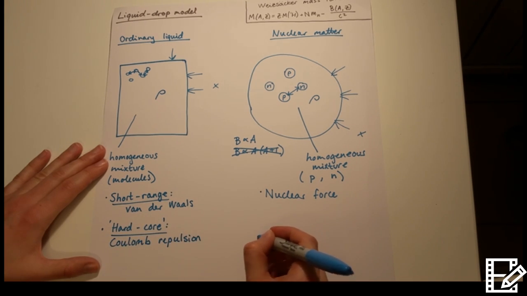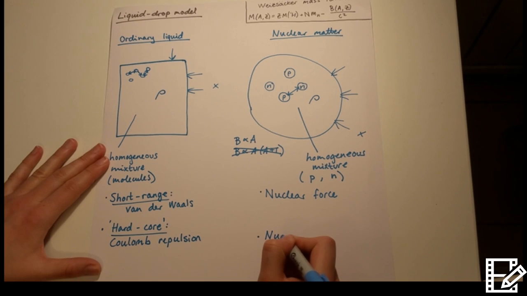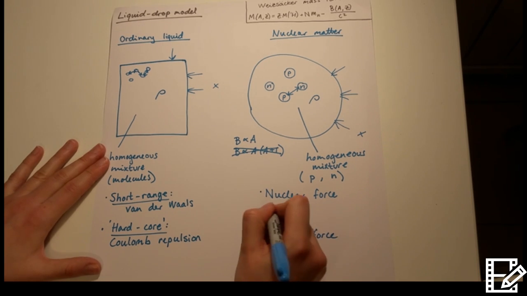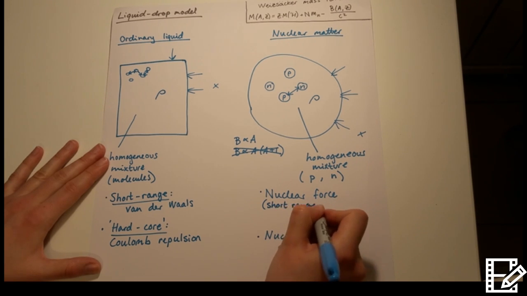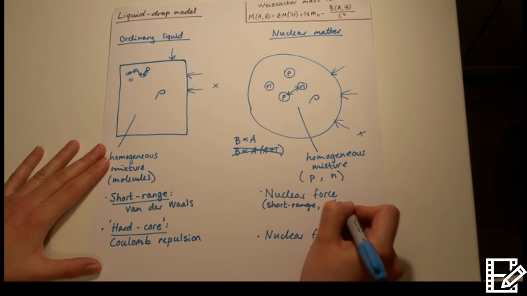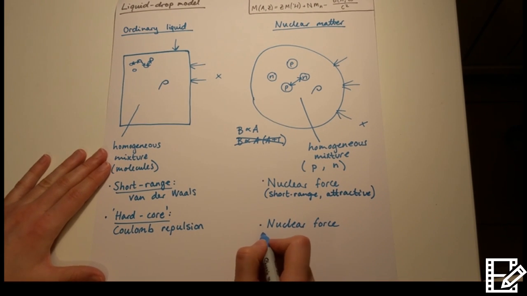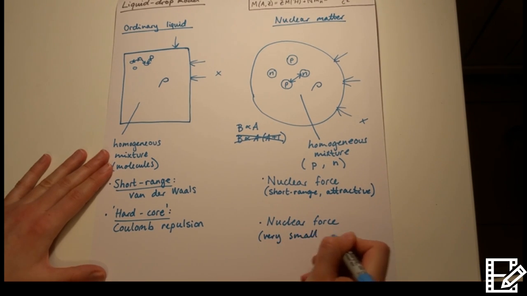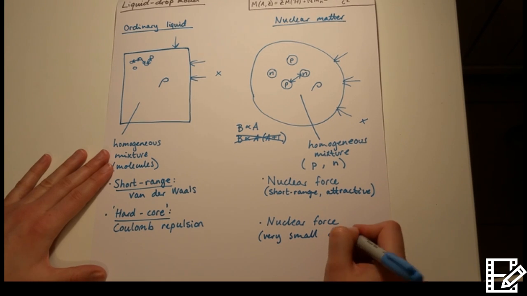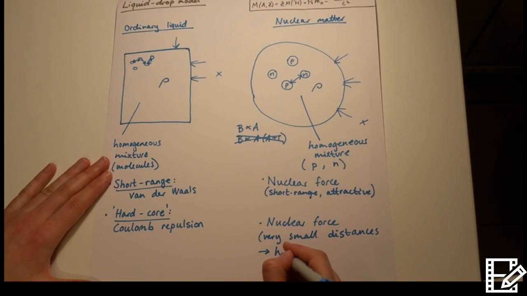Over here, we have the same thing for the nuclear force. So in this case, short range, attractive, and then at very small distances between the nucleons, you have this hardcore repulsion.